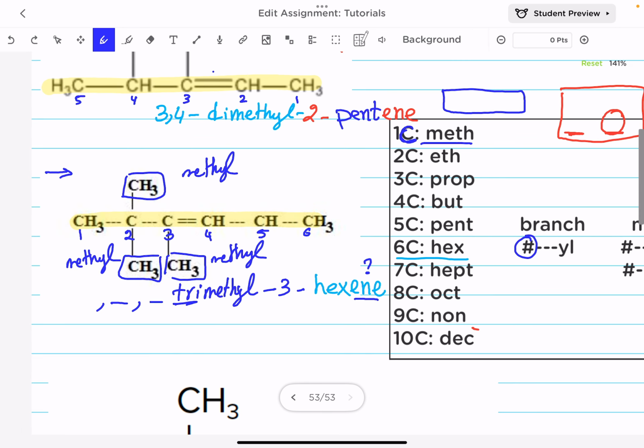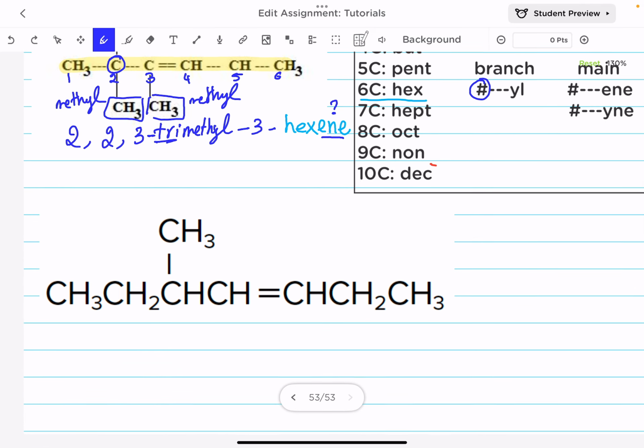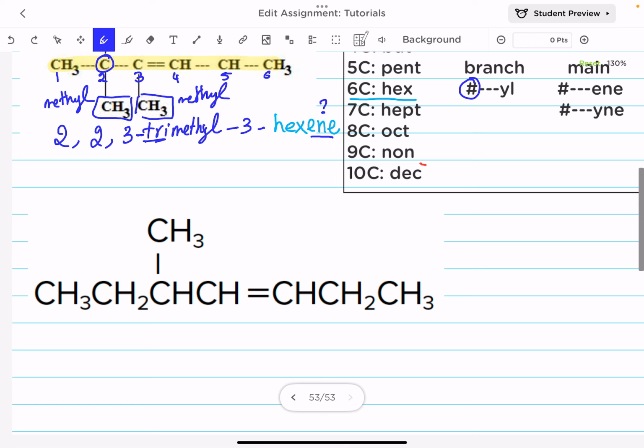So, my branches, 2 of them on the second carbon, so I'm going to write 2 twice, and 1 of them is on the third carbon. So the final name is 2,2,3-trimethyl 3-hexene.